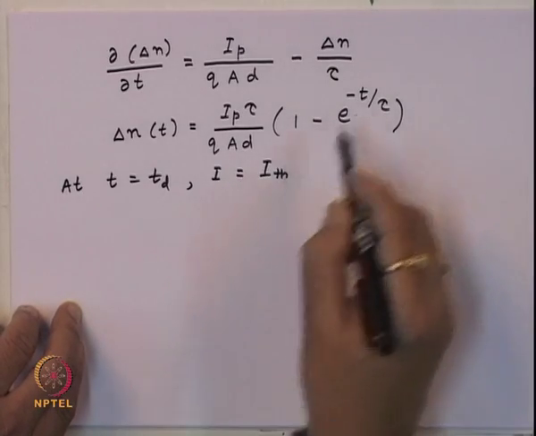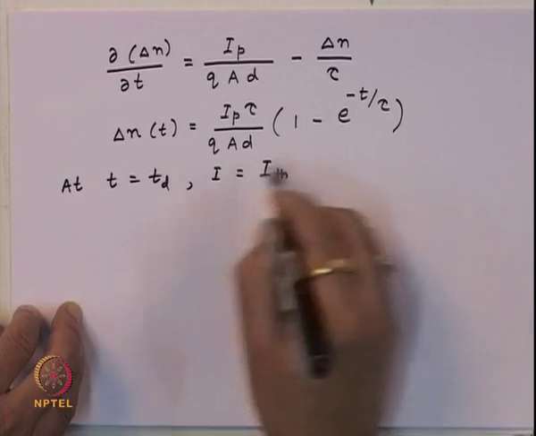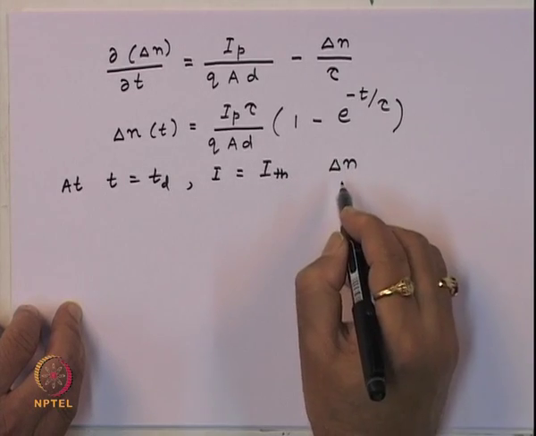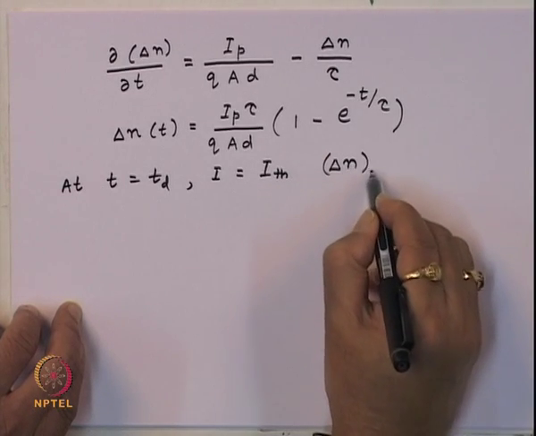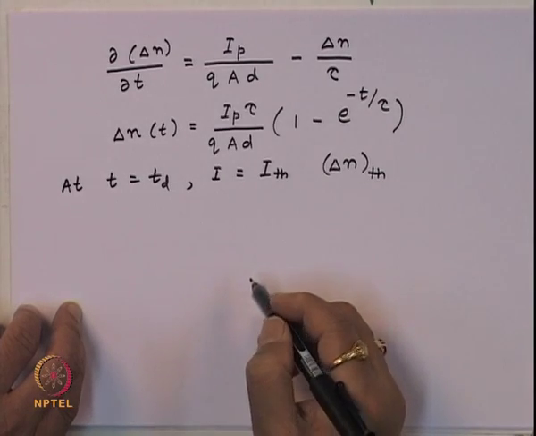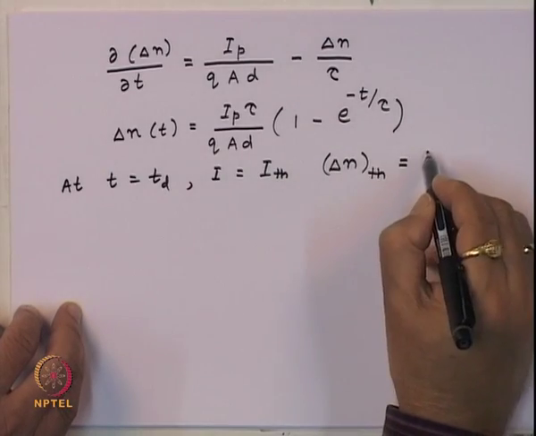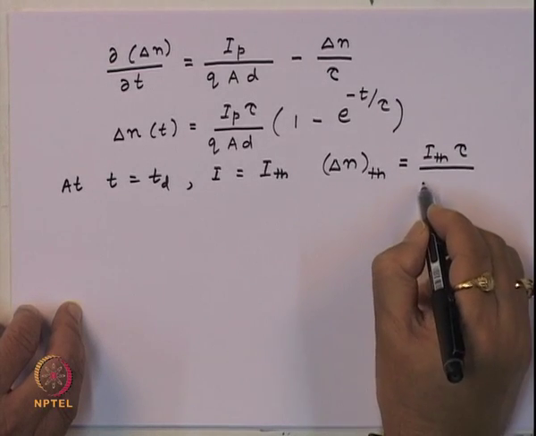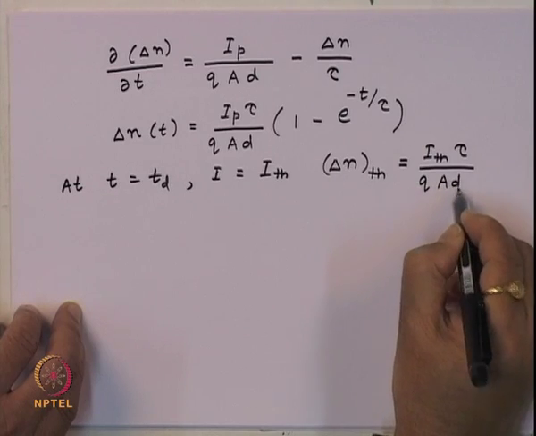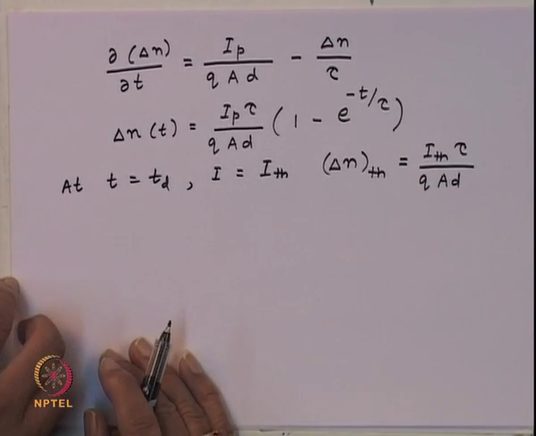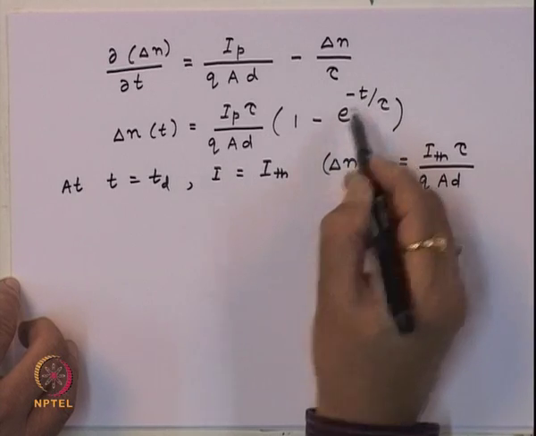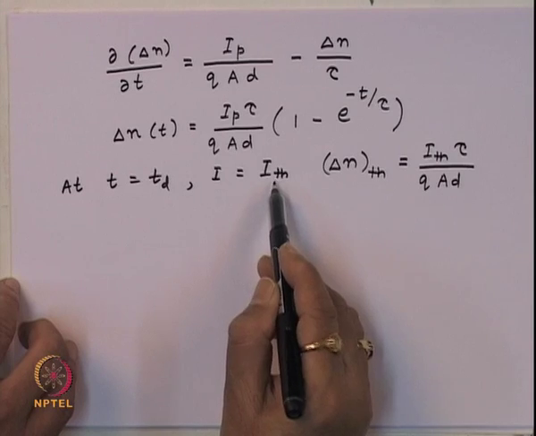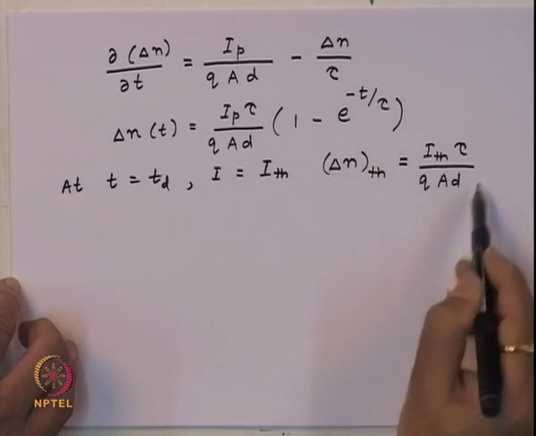So, if I take this and substitute, the delta n threshold, if you calculate, will correspond to I threshold tau divided by Q A d. After T equal to T d, the current should reach the threshold current, that means the carrier density should reach this value.